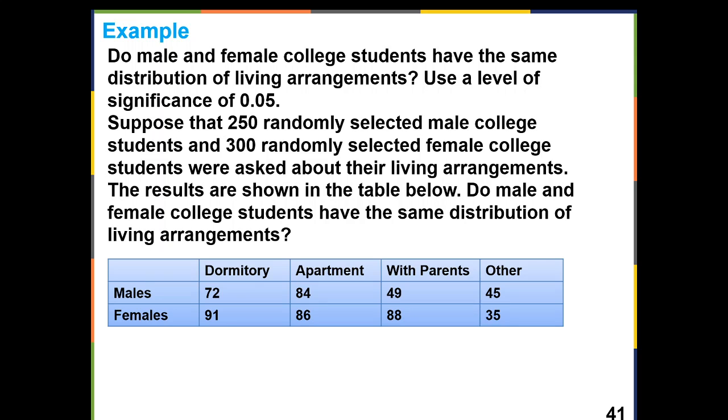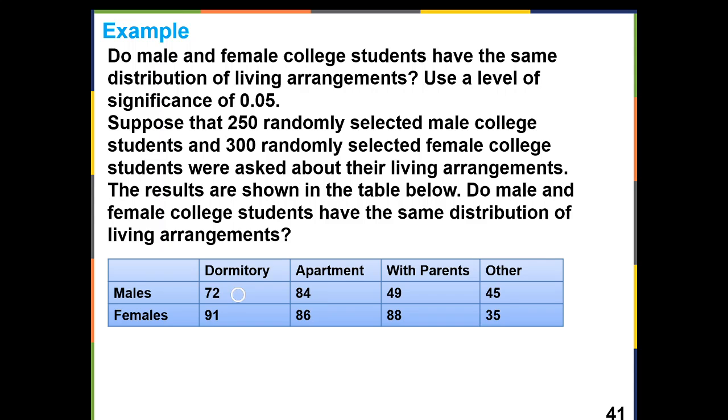So here is an example. These are college students with different preferences on living arrangements. So the question is, do these two populations have the same distributions when it comes to choosing living arrangements?